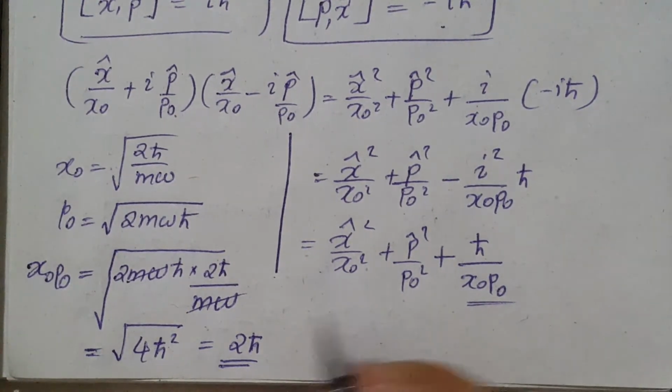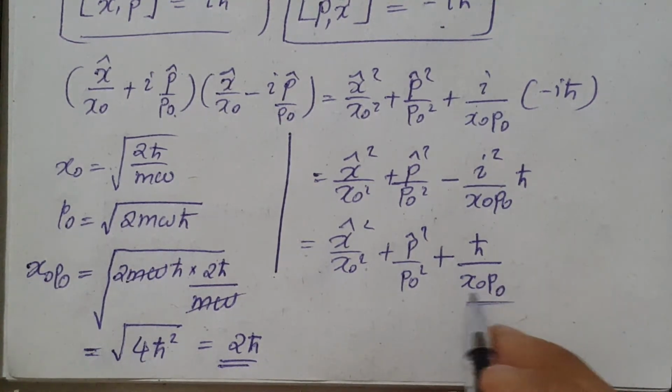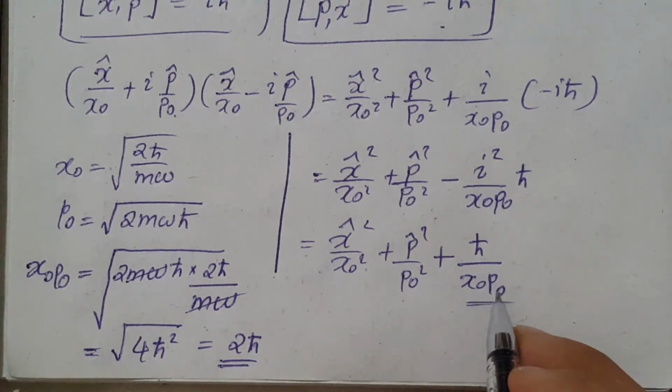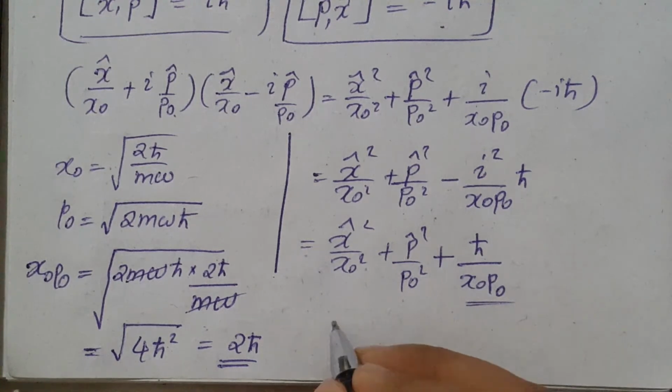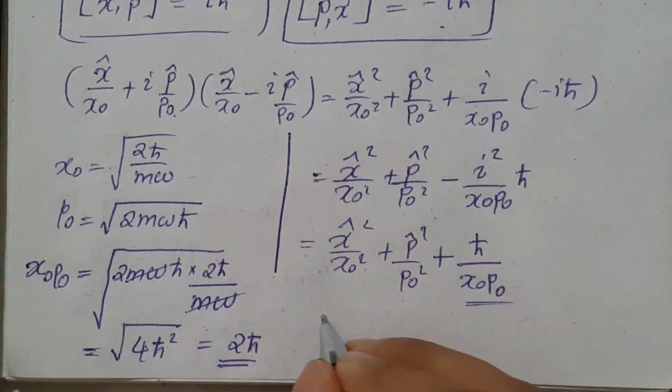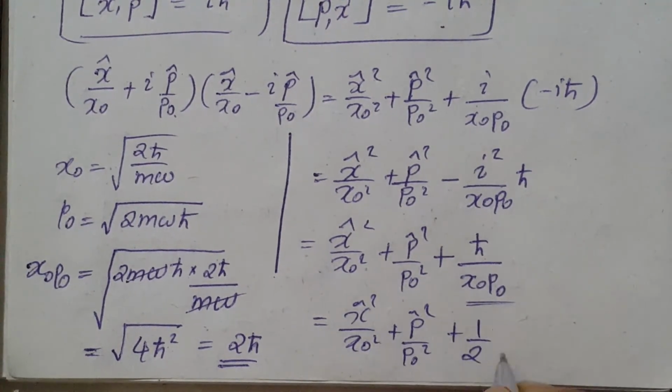Okay, so if this is 2h cut, now we can substitute x naught p naught as 2h cut, and that 2h cut will get cancelled out, so we will have only 1 by 2. So this expression will become x cap squared by x naught squared plus p cap squared by p naught squared plus 1 by 2.